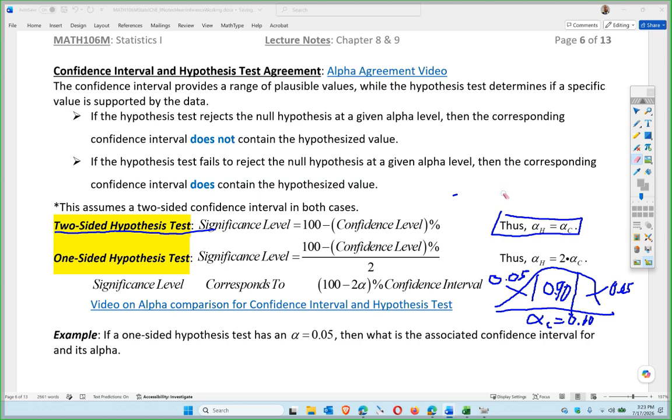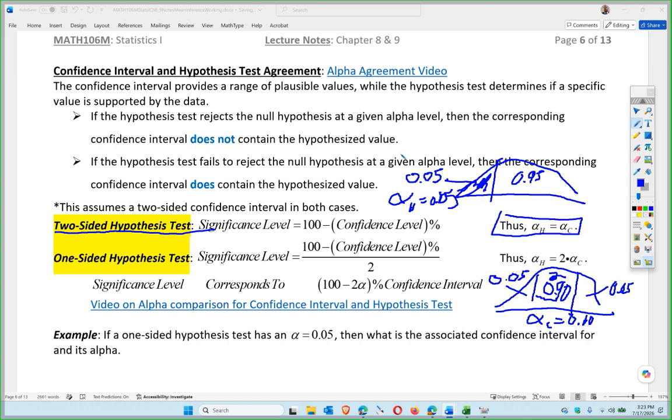All right, let's say you have a mean right here, and it's a left tail, and this will be 0.95. So the left tail will be shaded here for the hypothesis test, and this will be shaded here for the confidence interval. So this is 0.05. Thus the alpha for the hypothesis test is 0.05.